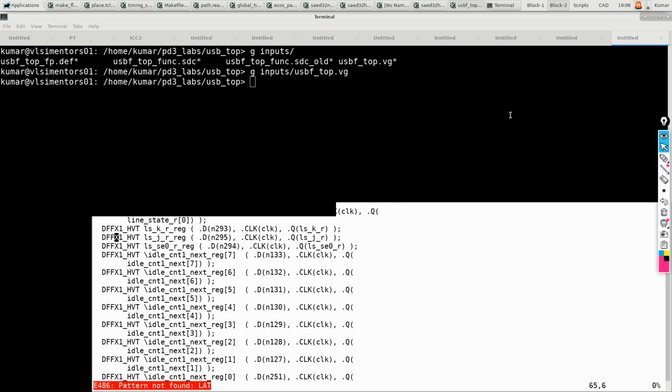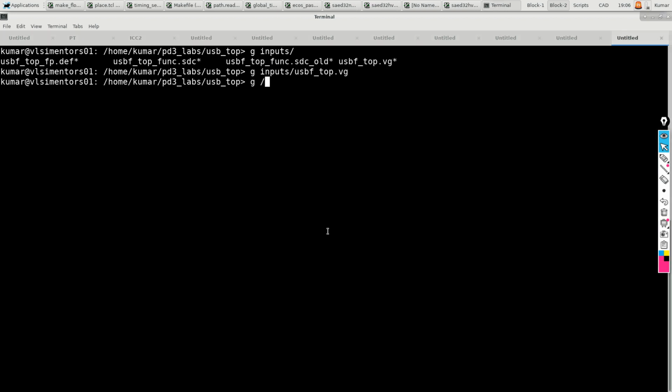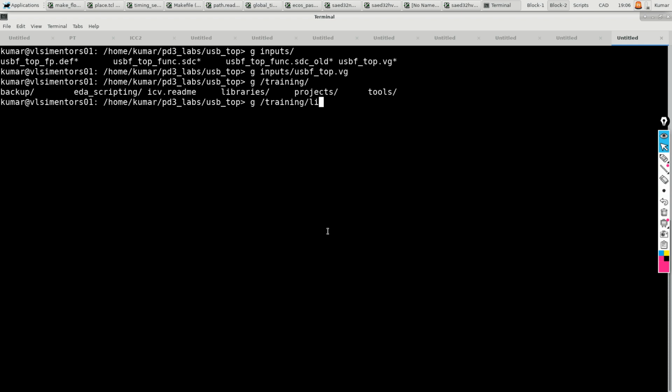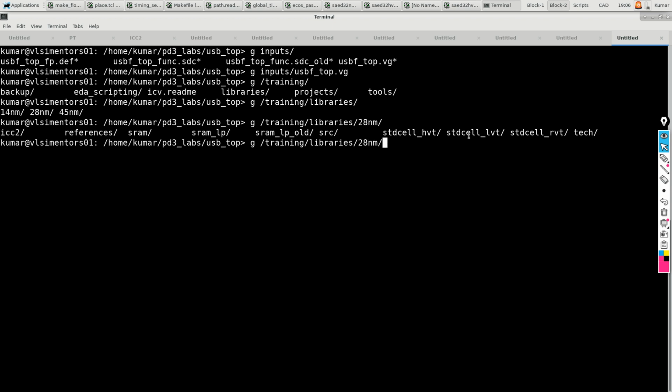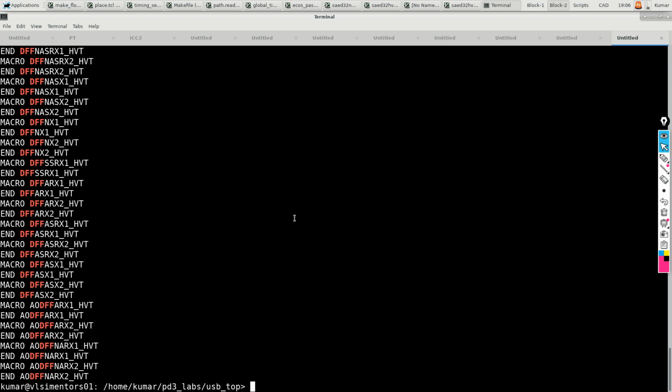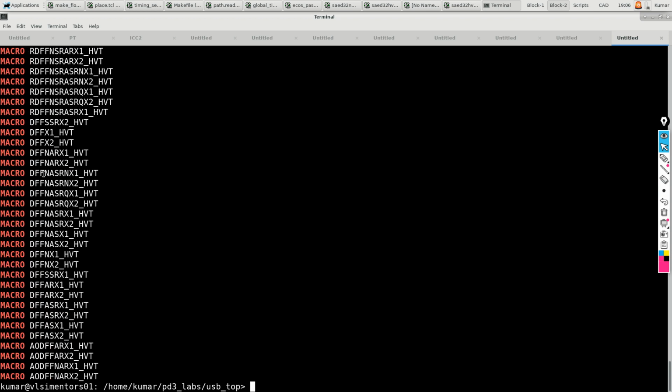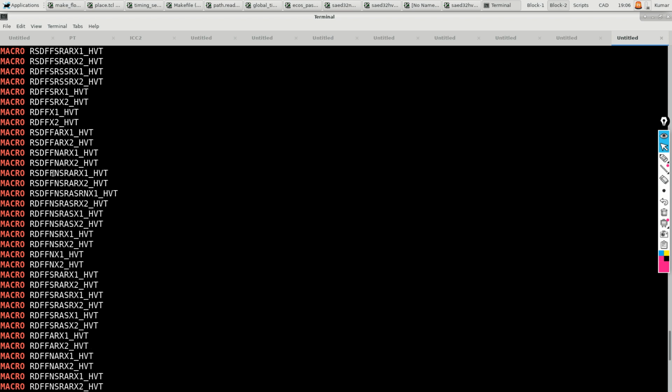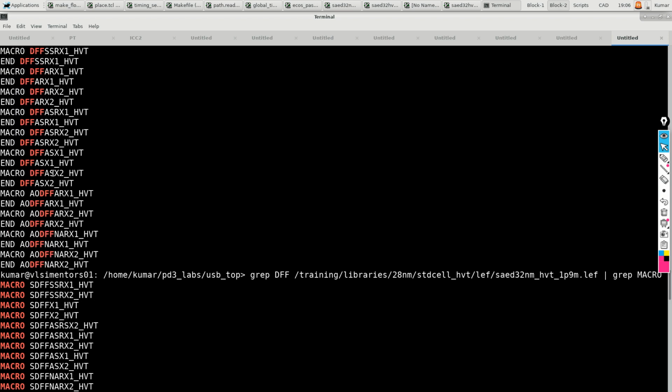Now even now, if you look at our library, see how many different flip flops we have.